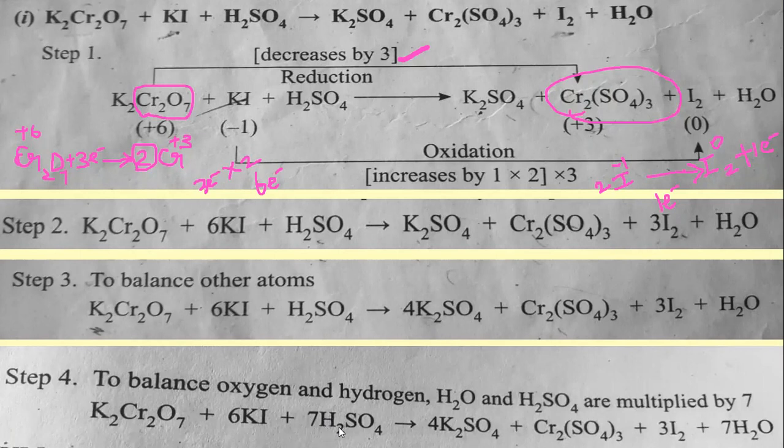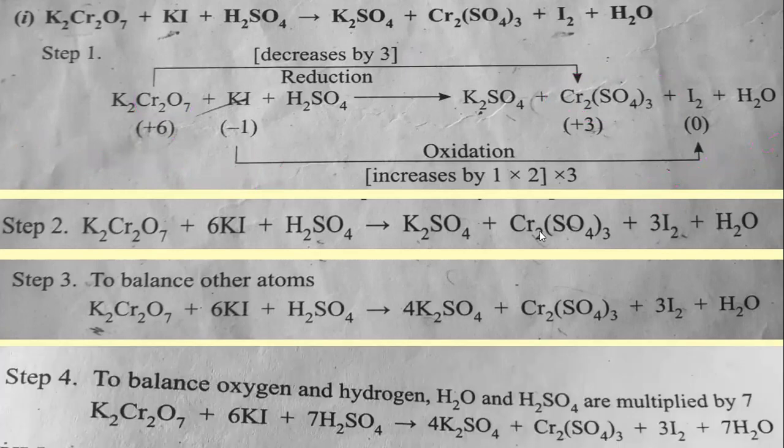So here 14 hydrogen, and in the product also 14 hydrogen. Now if we check all these elements, we get a completely balanced reaction. Like this you have to balance the given reaction, right?